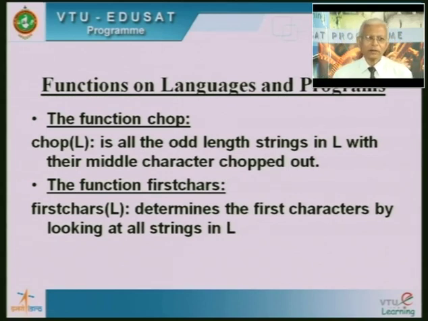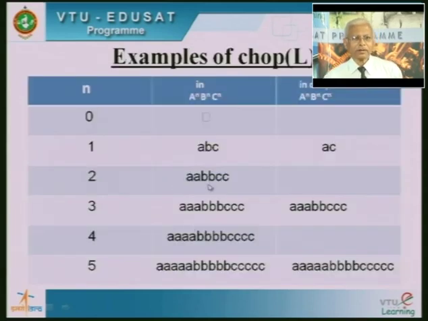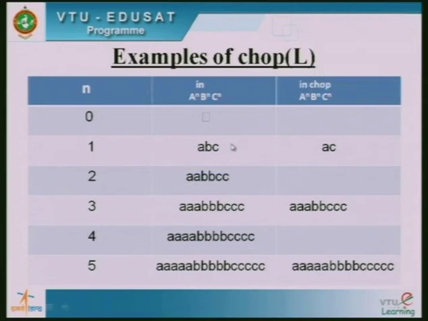What is chop? It means if you take an odd length string, then the center character, whichever is there, will be removed and it will become even. Then the function first character determines the first character by looking at all the strings in the language. We will see some examples. For example, if the language consists of a power n, b power n, c power n, then if the length is 0, it is epsilon.